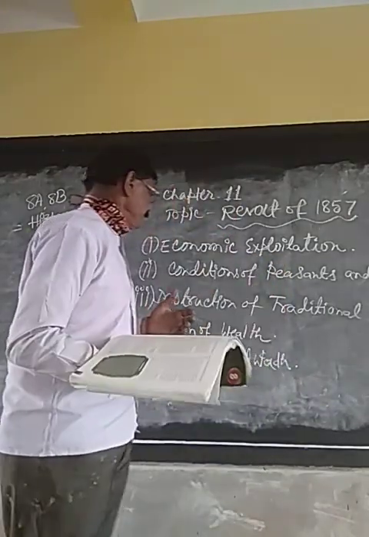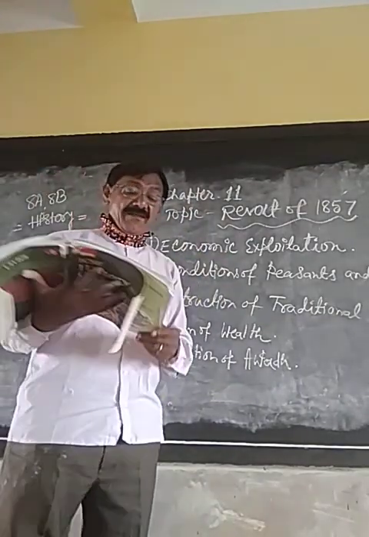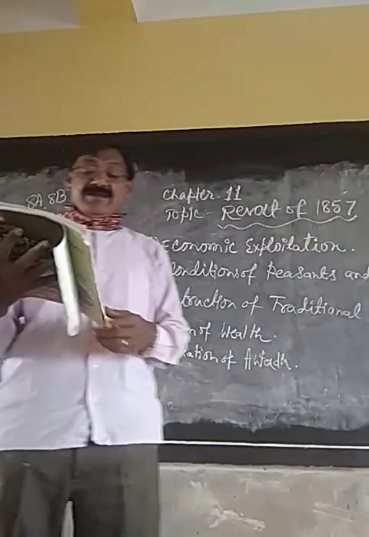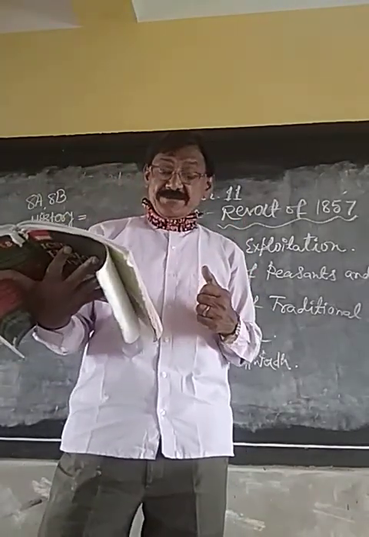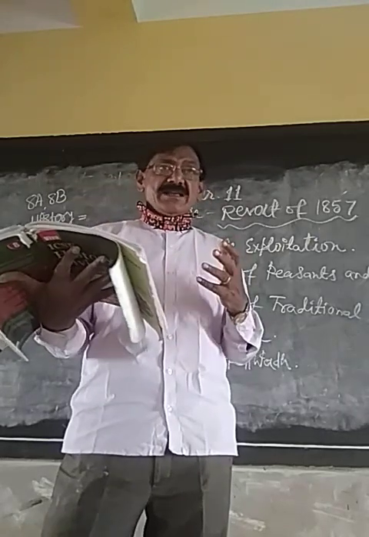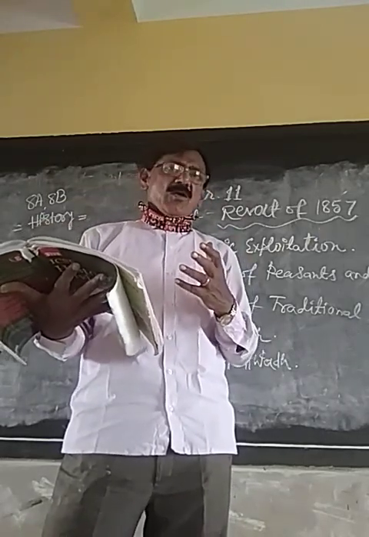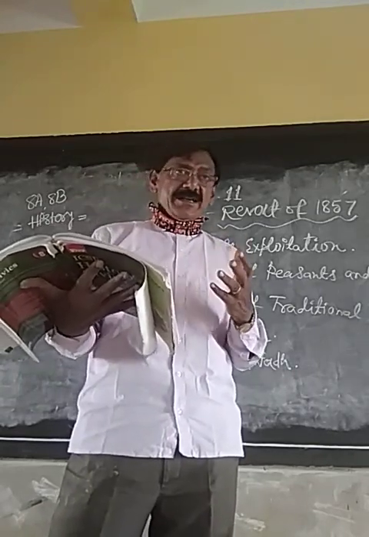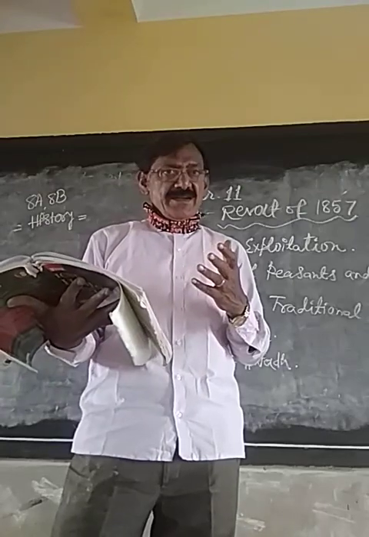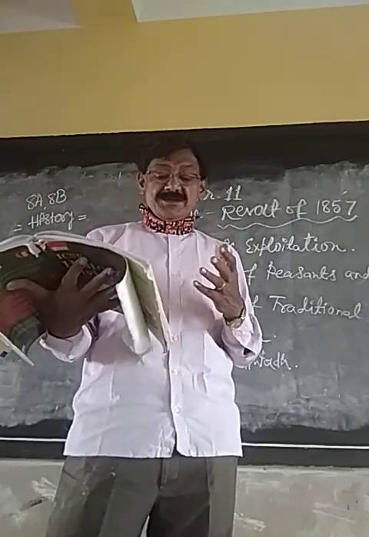Next point, conditions of peasants and zamindars. Due to economic exploitation, peasants and farmers faced a lot of problems. Peasants were exploited by the zamindars, and zamindars also sometimes were exploited by the British.